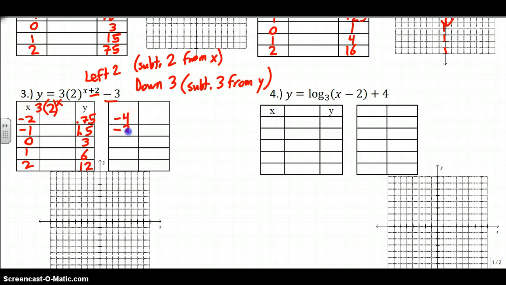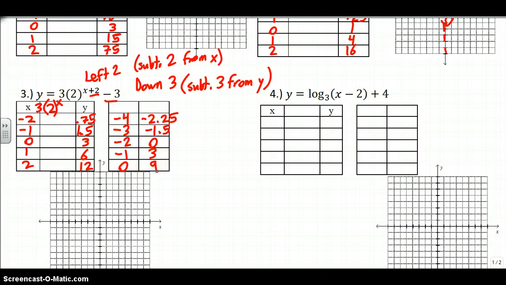Negative 4, negative 3, negative 2, negative 1, and 0. All your y-coordinates you're going to subtract 3 from. So 0.75 minus 3 is negative 2.25. 1.5 minus 3 is negative 1.5. 3 minus 3 is 0. 6 minus 3 is 3. And 12 minus 3 is 9.